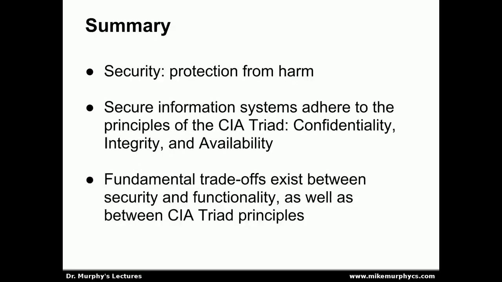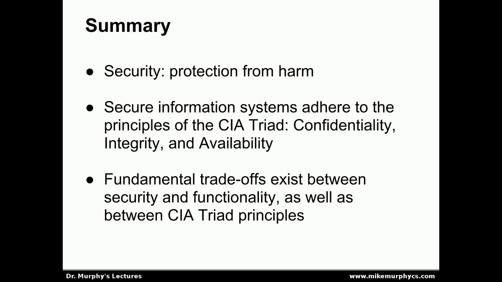So to summarize, our main goal with security is to provide protection from harm. And in the context of information systems, we're really focused on the principles of the CIA triad: confidentiality, integrity, and availability. Fundamental trade-offs exist between security and functionality, as well as between the principles of the CIA triad.